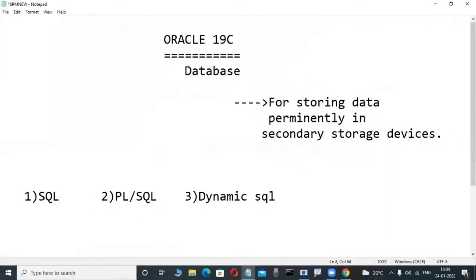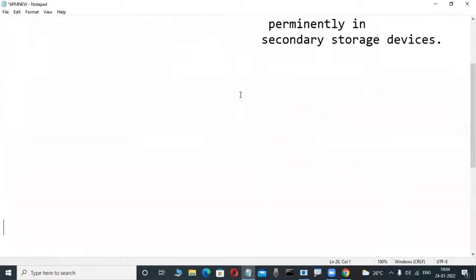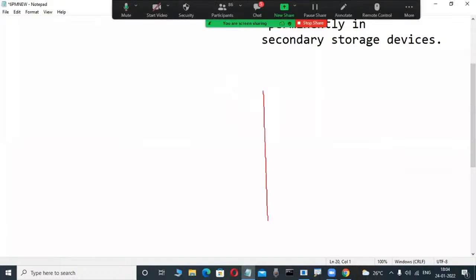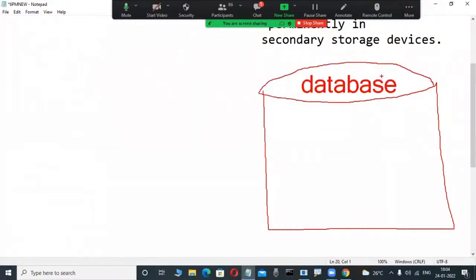But unfortunately, as I said in previous classes, observe slowly here, a database is a place. Whenever we install Oracle, SQL Server, DB2, these types of databases in our system, automatically one place is created. That is called a database. But these databases, Oracle, SQL Server, DB2, Sybase, do not store a random collection of data.